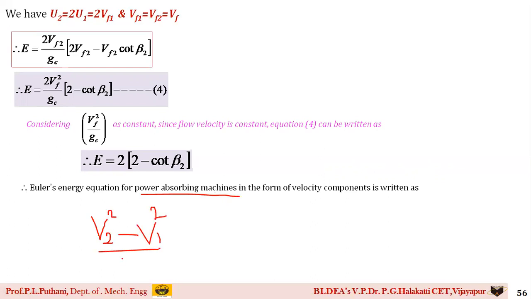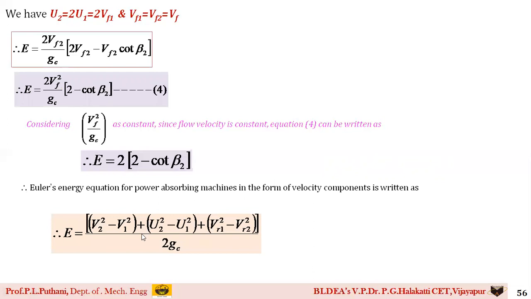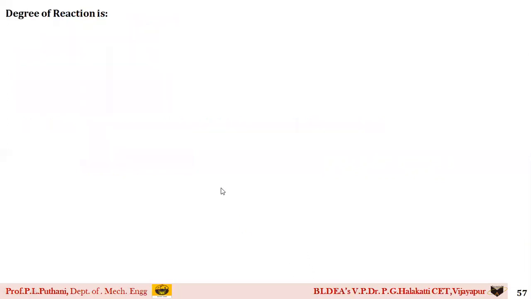Similarly, we have the other terms, that is u2 square minus u1 square by 2gc plus vr1 square minus vr2 square by 2gc. This is our energy equation in the form of velocity components, which you can see on the screen.